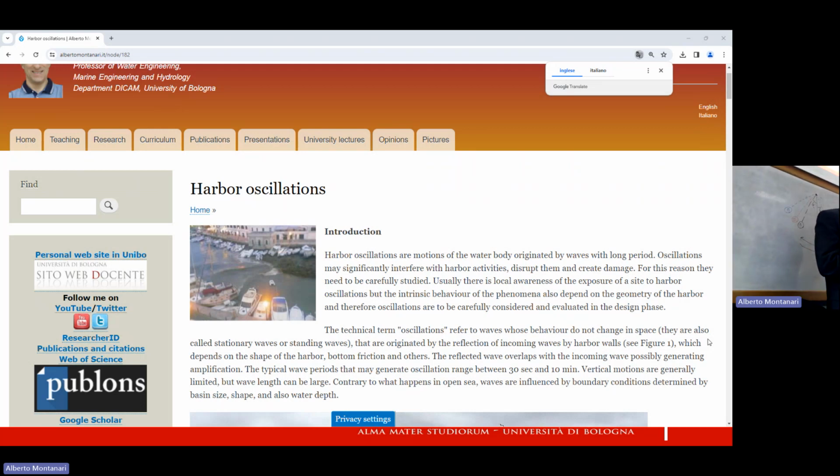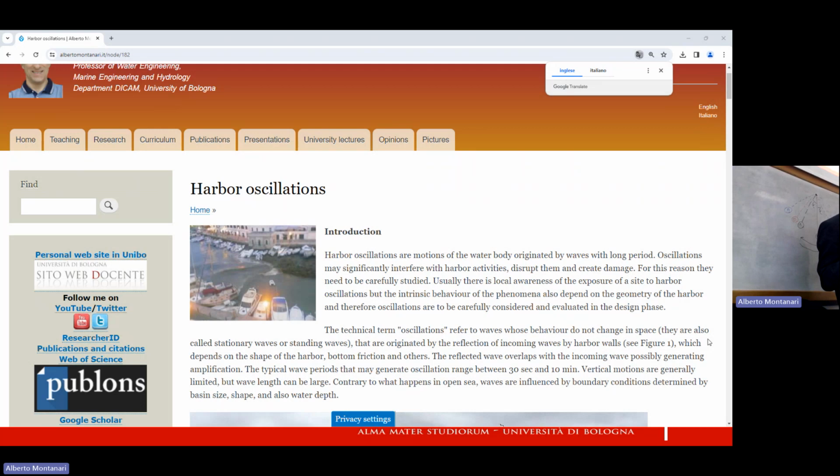When the wave comes back, if the characteristic period of the harbor is the same as the external forcing, the external wave, you may have, when the wave comes back, a summation of the waves, which may lead to amplification of amplitude.